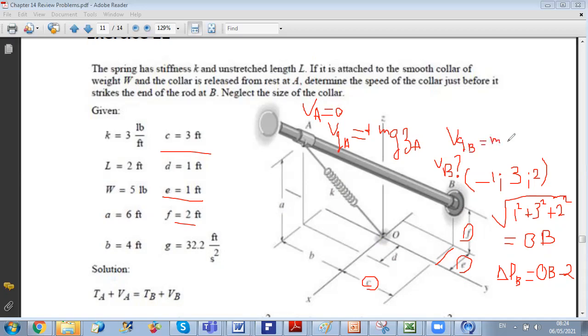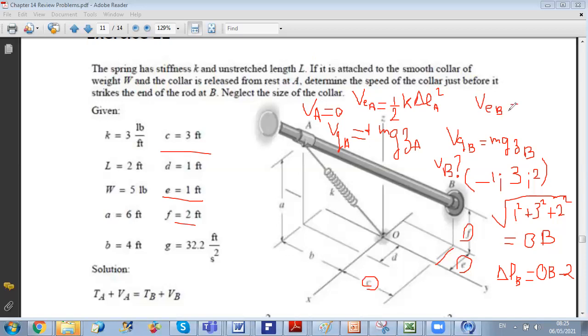And concerning the elastic potential, we have already calculated delta L at A and delta L at B. So you can say that V elastic at A is half K delta LA square, and for the elastic potential at B, it is half K delta LB square.